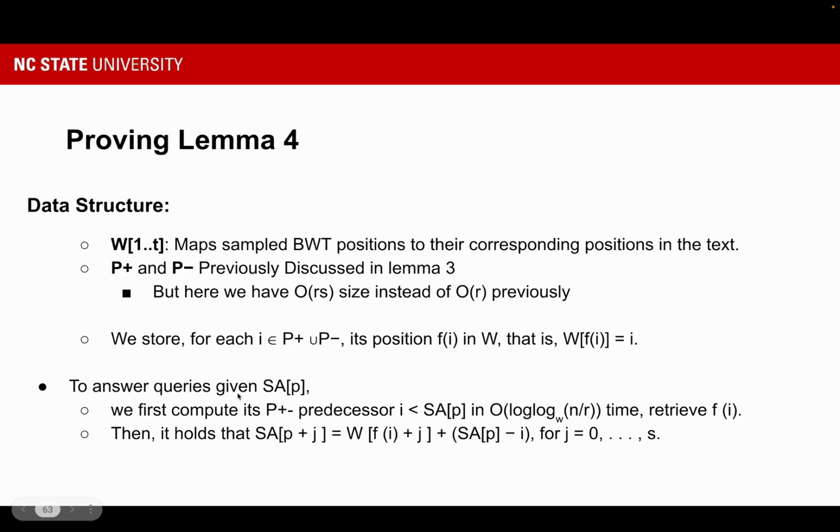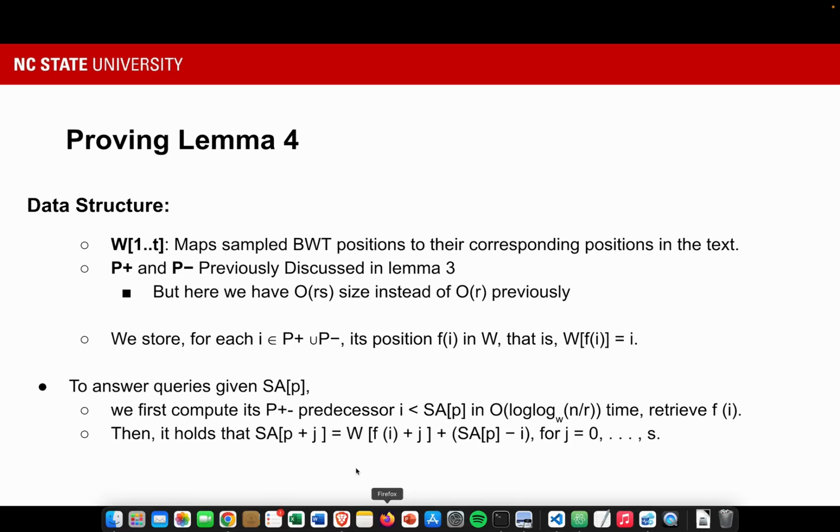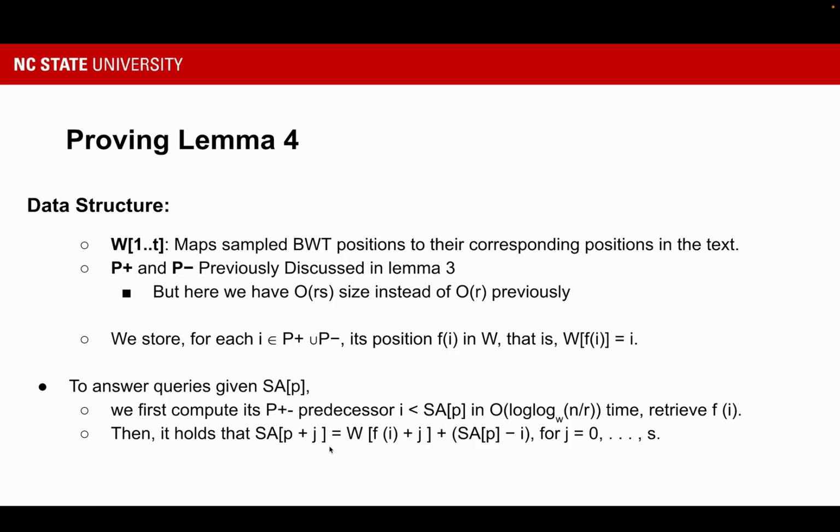Eventually, to answer queries given a specific position in the suffix array, that is SA of p, we first get the P plus and P minus, and for i less than SA of p, in O of log n by r time, we can retrieve f of i.